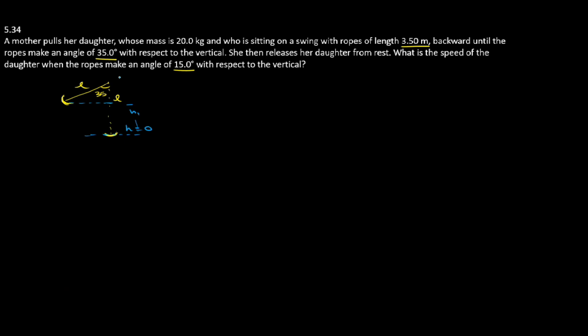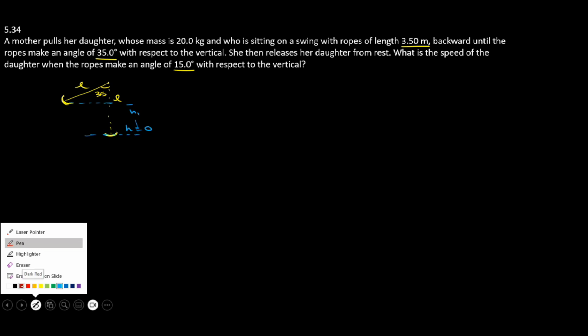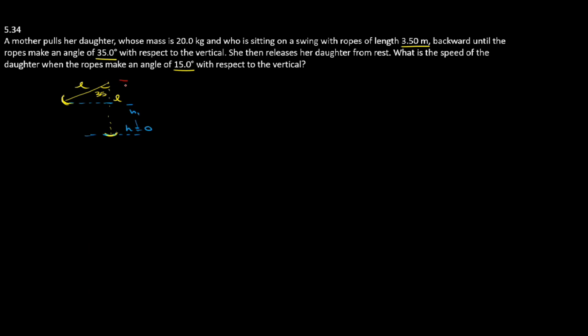So if the total length of the rope is L and h1 is the height at which the swing is raised, the rest of the distance from the suspension point we can write as d1. So if we write a relationship between h1, L and d1, we get h1 equal to L minus d1.